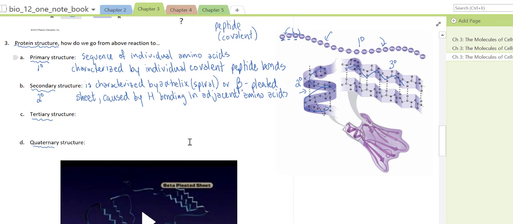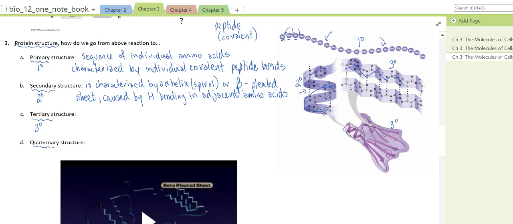The third level of structure is what we call tertiary, characterized by a 3 and a degree sign. What's going on here is the creation of a three-dimensional shape starting to take fold, pardon the pun.